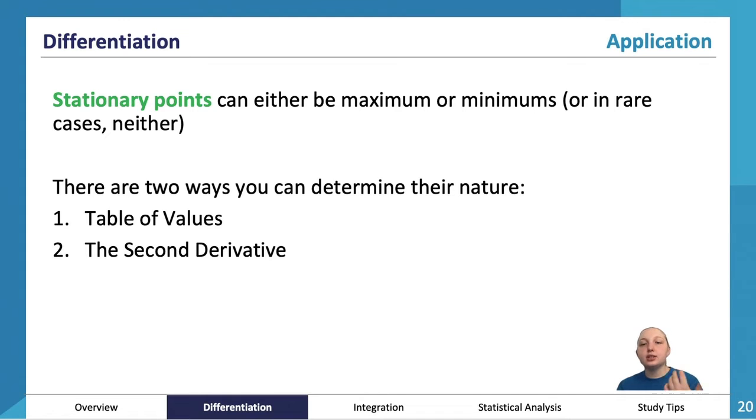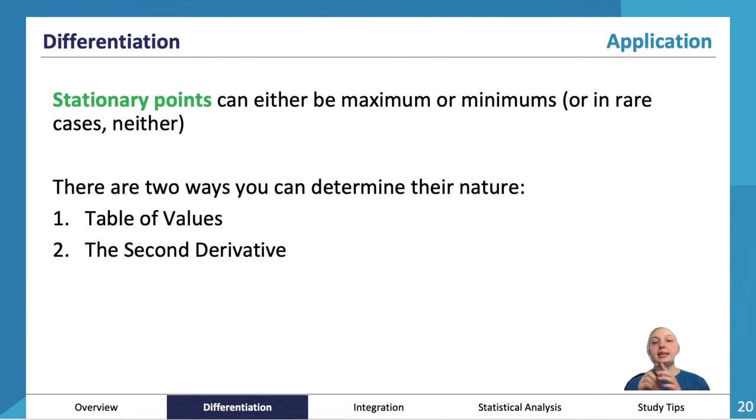And then from there, you can tell whether something is going to be a maximum or a minimum. The way that you can determine this is, when you put your stationary point into your derivative, it'll give you 0. So essentially, you're going to have a maximum point if, in our example where 3 is our stationary point, your lower point of 2 will have a positive number spat out, and then your higher number, let's say 4, will have a negative number spat out, and that's how you can tell that you have a maximum.